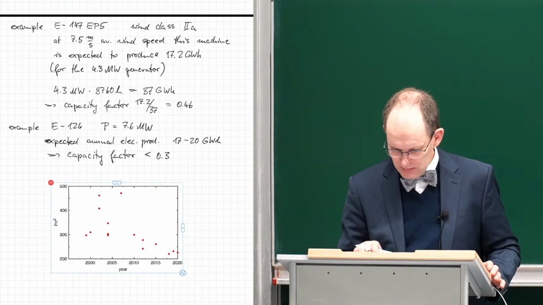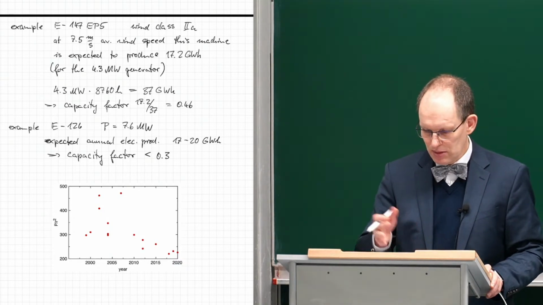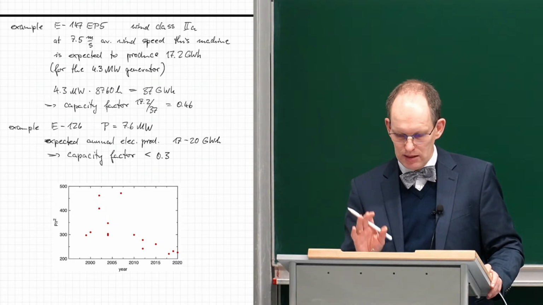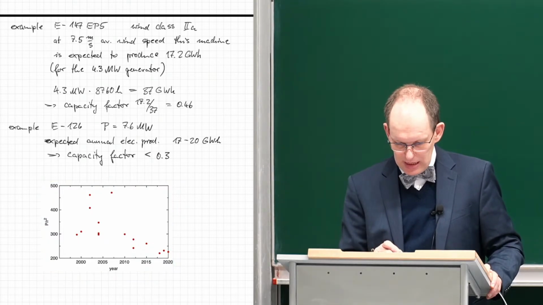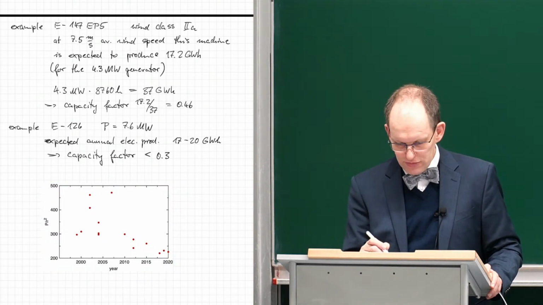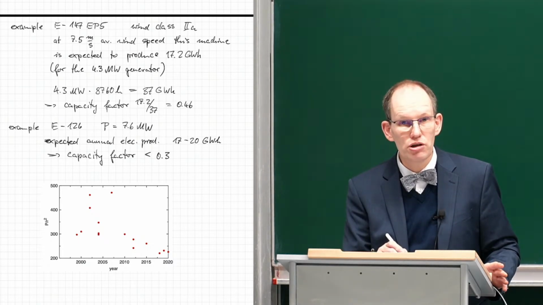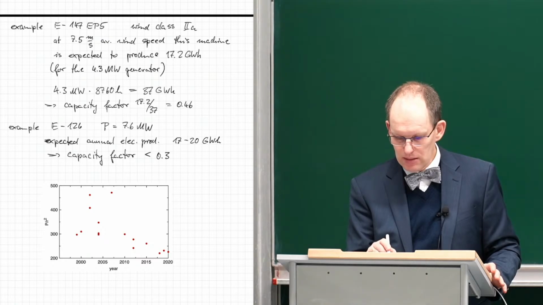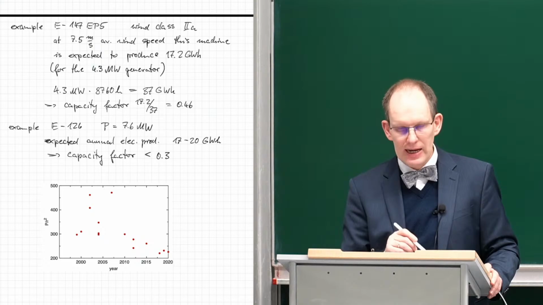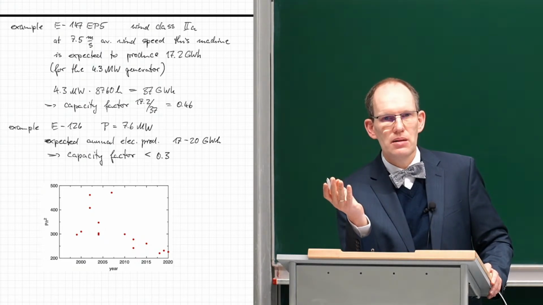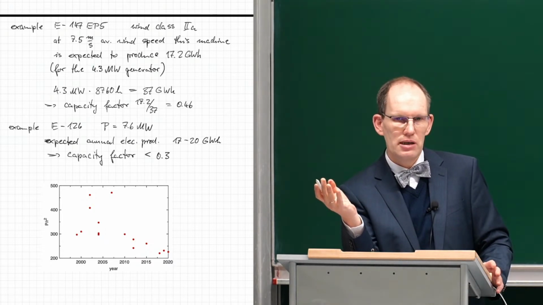Namely, I looked at a few Enercon windmills because I found them nicely collected on Wikipedia. And what I did was that I calculated for each of them the ratio of the rated power, in this case the 6.7 megawatts, divided through the square of the diameter or the radius.